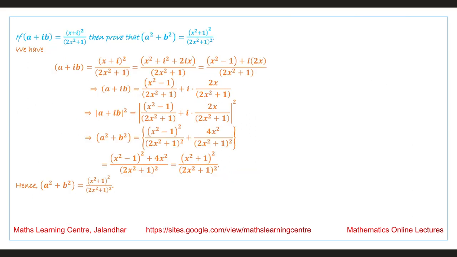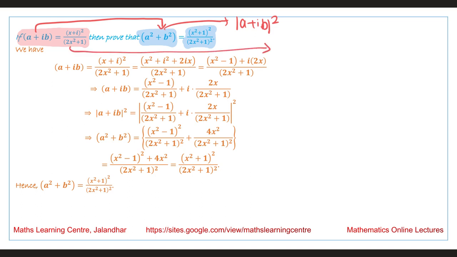Next is, if a plus iota b is equal to this value, we have to prove that the value of a square plus b square is equal to this. So if we compare both these values, we are talking about a plus iota b, and this number is basically the mod of a plus iota b square. So we have to calculate the mod of this number. To calculate the mod, we are going to separate the real and imaginary parts.